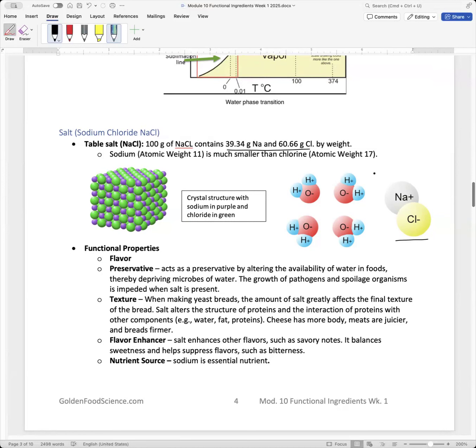So there's some positive molecules and some negative molecules, and it interacts with the water, the positive and negative. So you can go into complete solution until you have too much salt. Then it won't work anymore. But that's what sodium chloride looks like, the crystalline structure.